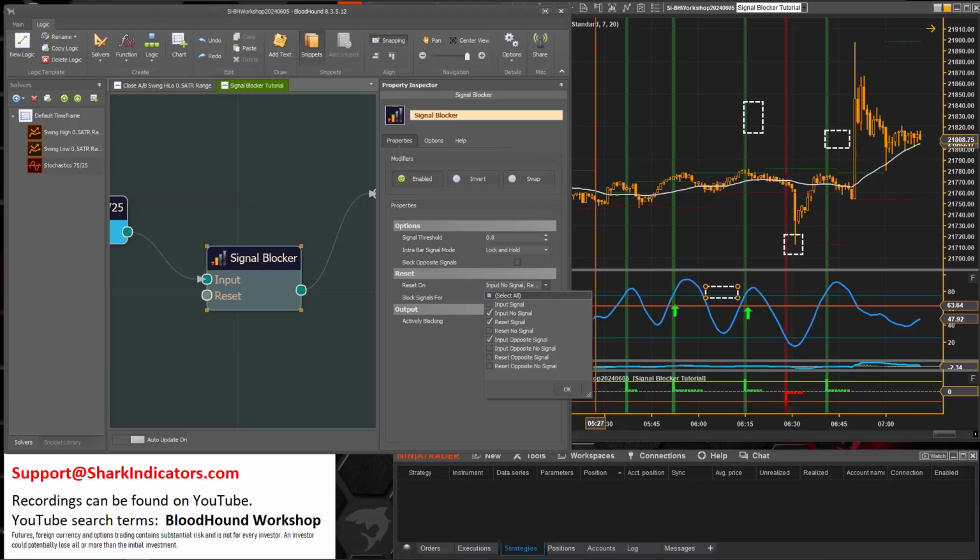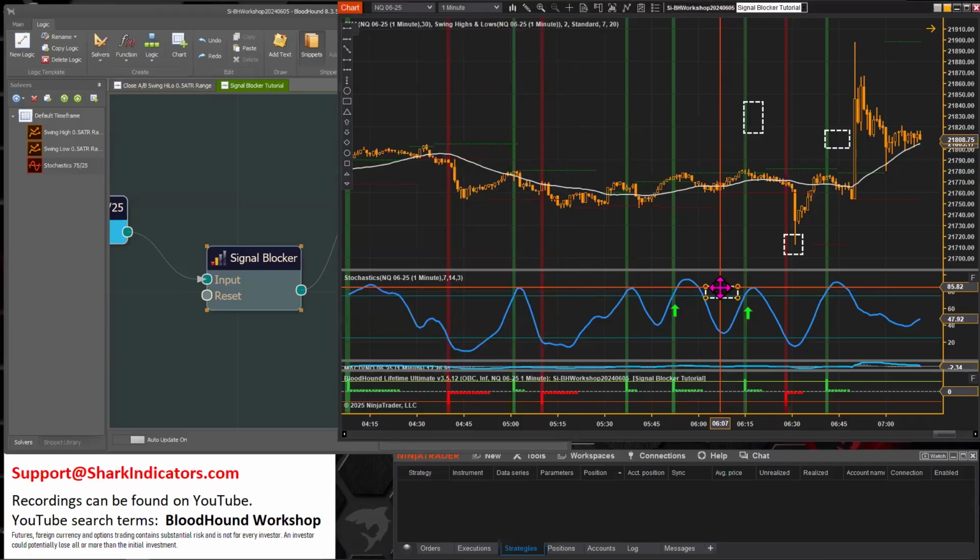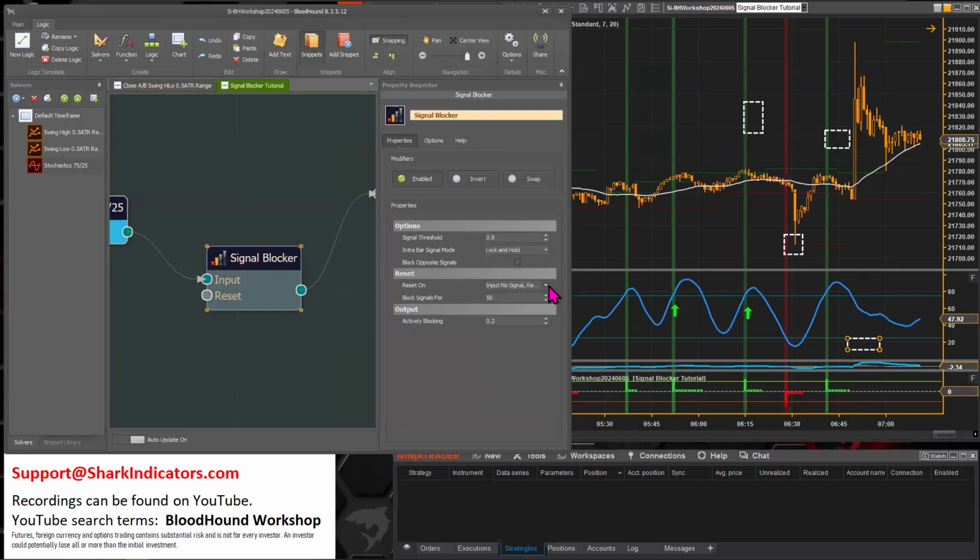So this little 3 signal area here is actually kind of perfect. Let me move this off to the side to demonstrate what input signal is. Let's select that, and I turned off the no signal, and also I'm going to turn off the reset.